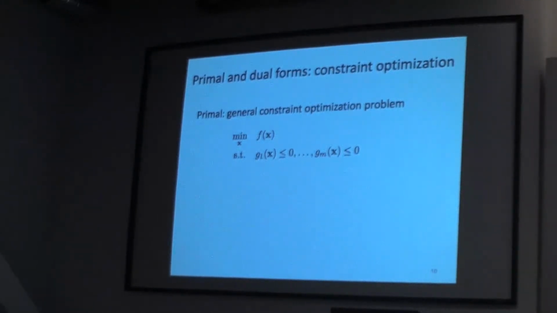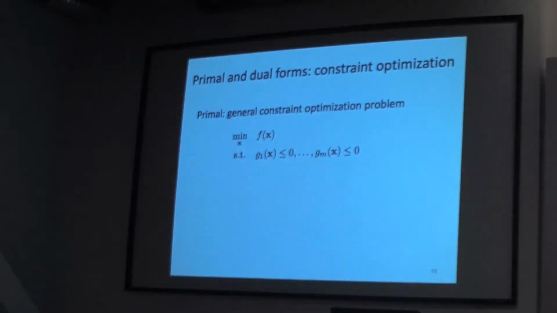In general, we assume we're minimizing a function f of x. Here we don't assume f is convex; you can optimize whatever function you want. Also, x must be subject to m constraints. Each of those constraints is represented by an inequality: g1(x) less than or equal to 0, g2(x) less than or equal to 0, and gm(x) less than or equal to 0.